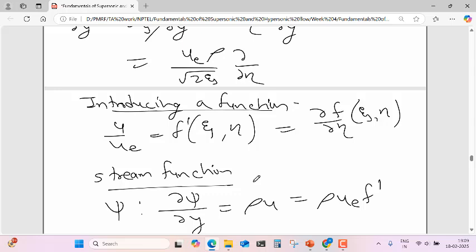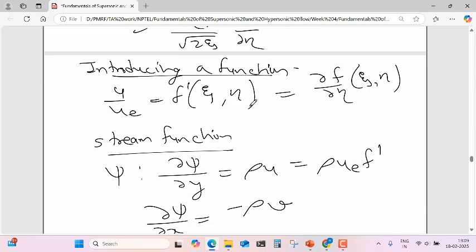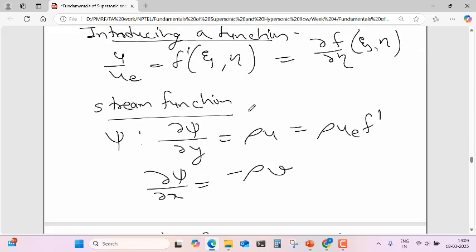Now we introduce some function like u by u_e equal to f dash (xi, eta), and this f dash is nothing but the partial derivative with respect to eta, which is ∂f/∂eta (xi, eta). And the stream function is given by using the continuity equation.